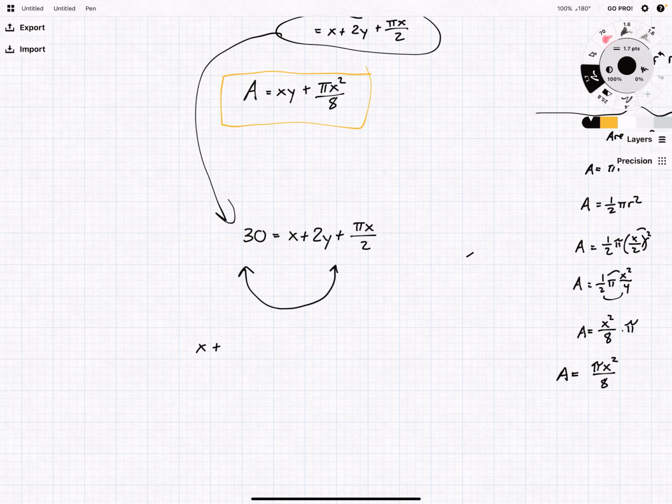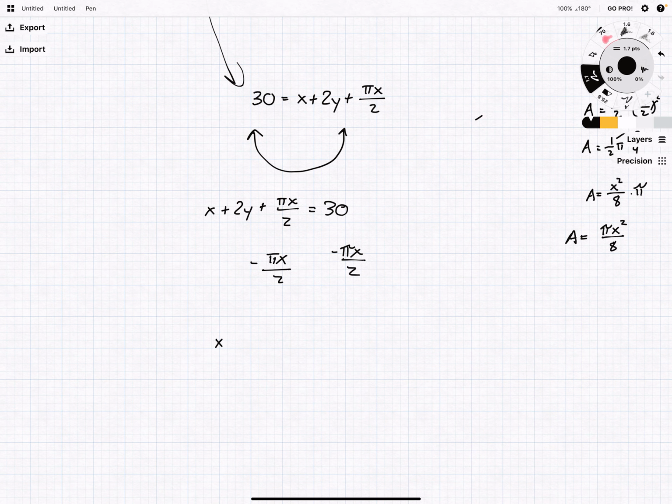So we have x plus 2y plus pi x over 2 equals 30. Excellent. Okay, and let's go ahead and get started with getting y all by itself. So now we'll subtract pi x over 2 on both sides. And that gets us x plus 2y equals 30 minus pi x over 2.